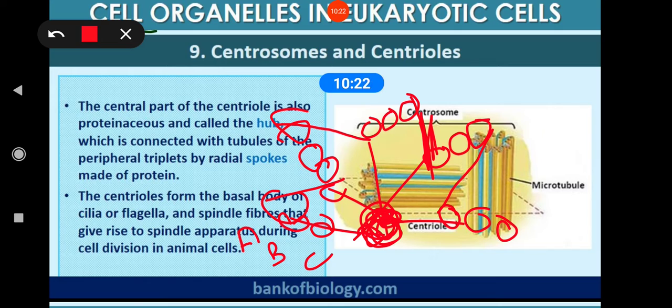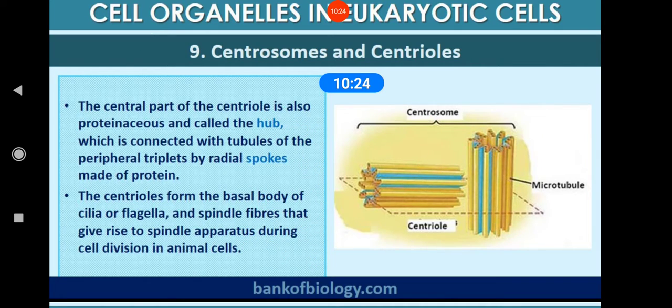In this you can see that it shows a cartwheel, and the central part of the proximal region of the centriole possesses a rod-shaped proteinaceous mass known as a hub, which is connected with the tubules of the peripheral triplets by a radial spoke made up of protein.